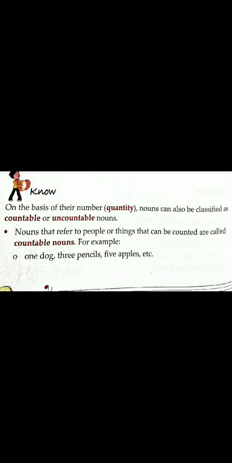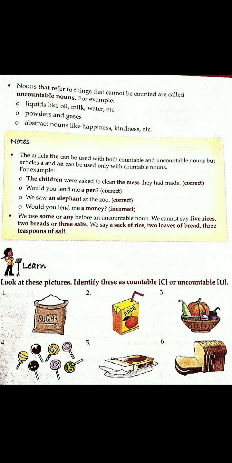Nouns that refer to people or things that can be counted are called countable nouns. For example, 1 dog, 3 pencils, 5 apples. See, the nouns which we can count 1, 2, 3 in digits are all countable nouns. And what is an uncountable noun?